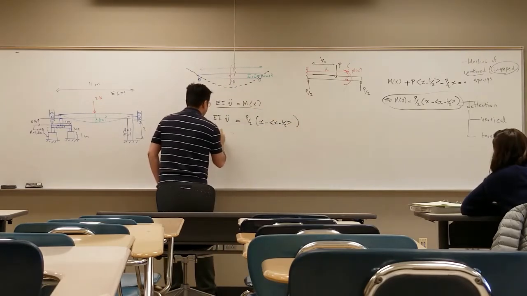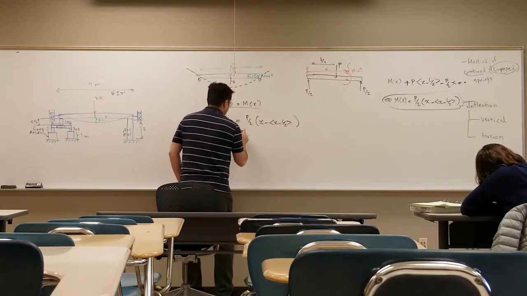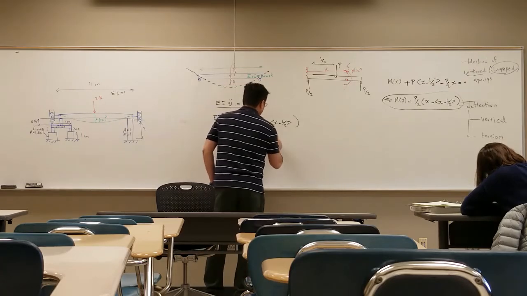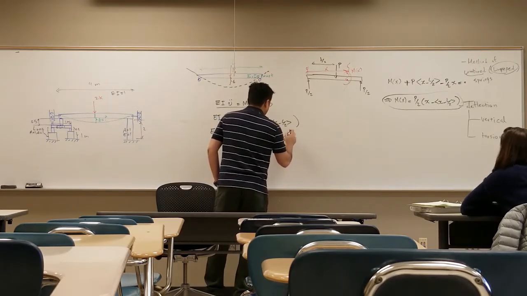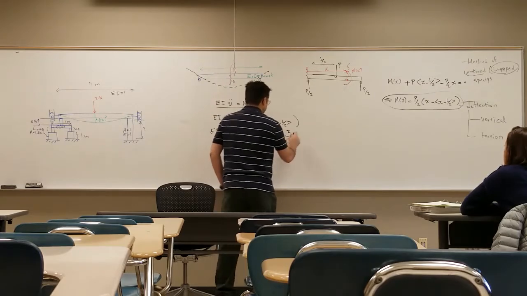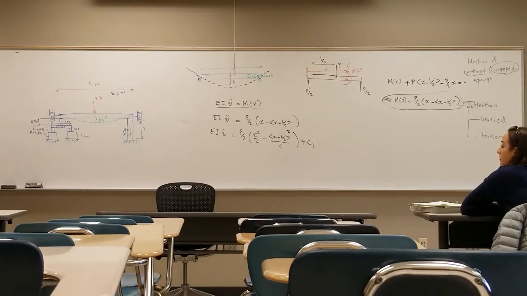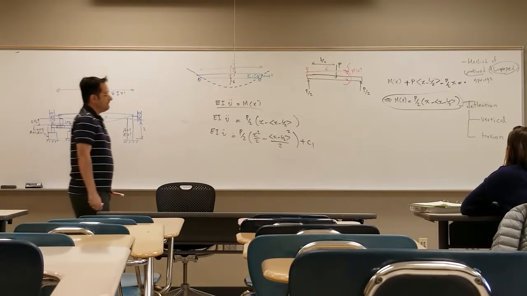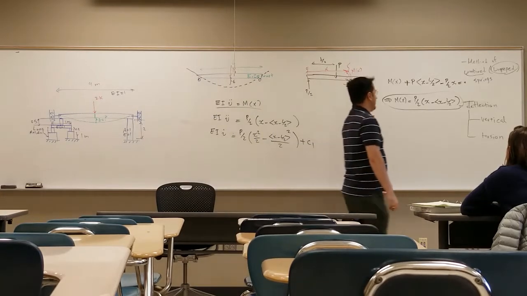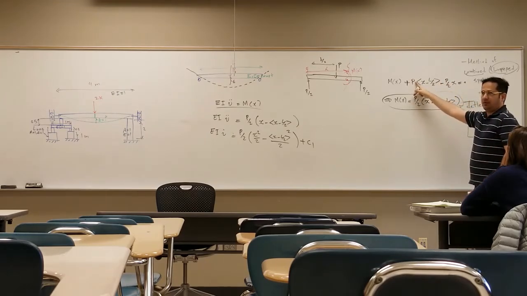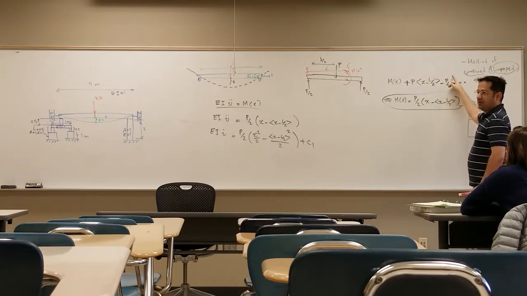Integrate. The first integral is equal to P over 2, x squared over 2 minus (x minus L over 2) squared over 2, plus C1. Shouldn't it be 2 times the Heaviside, x minus L over 2? Yes, if I take out this P over 2, because this is P over 2 and this is P, if I take it to the right and factor out P over 2, then this becomes x, which is fine.